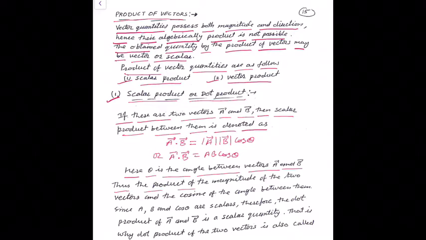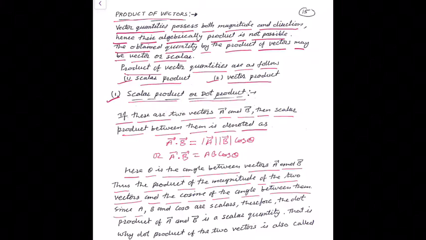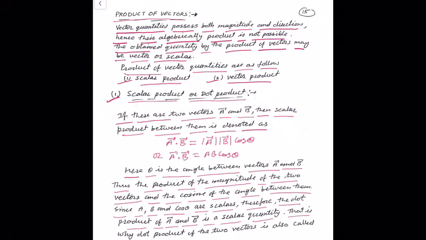Thus, it is the product of the magnitudes of the two vectors and the cosine of the angle between them. Since A, B and cos theta are scalars, the dot product of A vector and B vector is a scalar quantity.